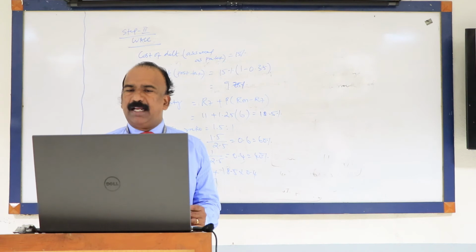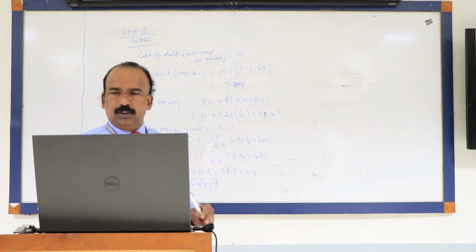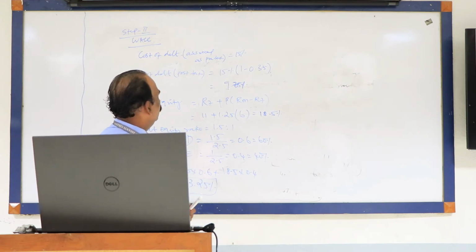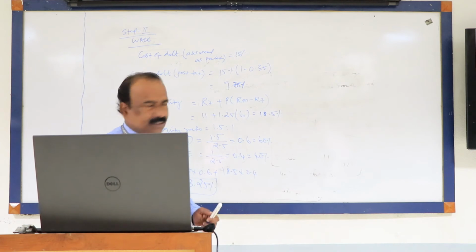Then we need to calculate the weighted average cost of capital for the stable growth period. So the cost of debt is assumed as pre-tax 14%.